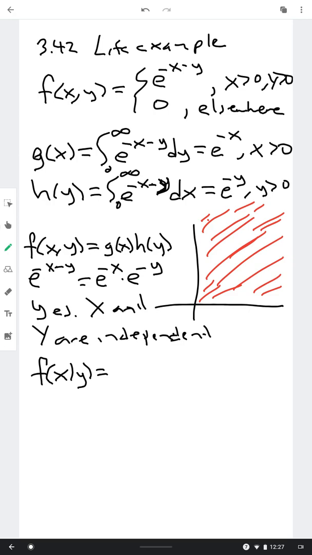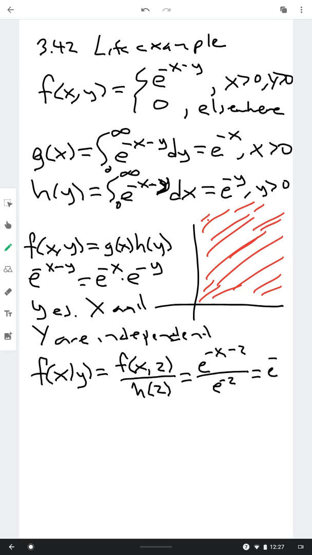So plugging in, I get f of x comma 2 divided by h of 2, because y is what I'm looking at. I get e to the negative x minus 2 divided by h of 2, which is e to the negative 2. And that gives me e to the negative x, x greater than 0.